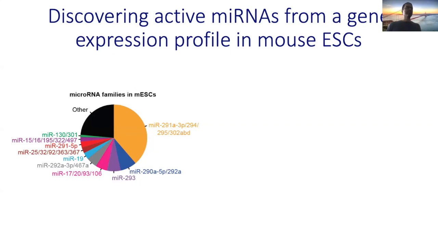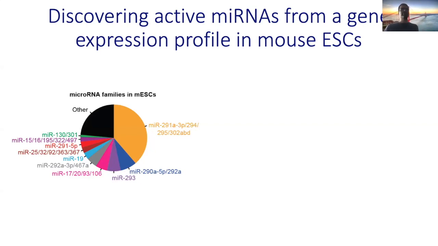I generated a pie chart which basically looks at the abundance of different microRNA families as defined by microRNAs that share this core seed region that I was mentioning. And I asked the question, if, hypothetically, I knew literally nothing about the microRNAs active in the cell type, is it possible to try to infer or reconstruct something about active microRNAs in the cell type?